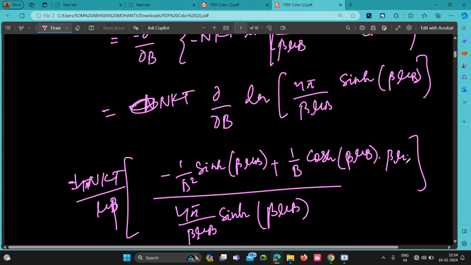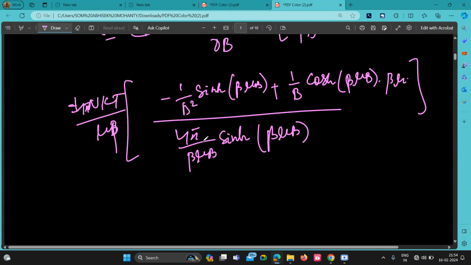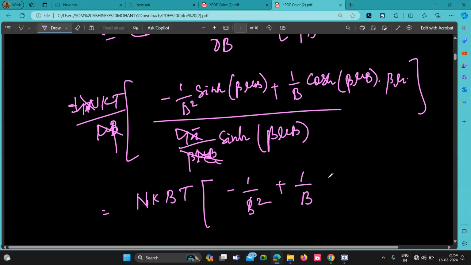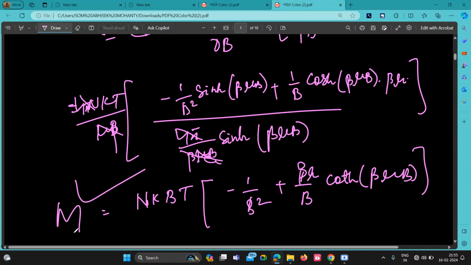So this is the way to calculate magnetization. Now 4 pi cancelled, mu beta cancelled. B is still there, so this B will go up. NKT, the sinh will be divided here, plus 1 by B. This will become beta mu coth beta mu. This is the magnetization.